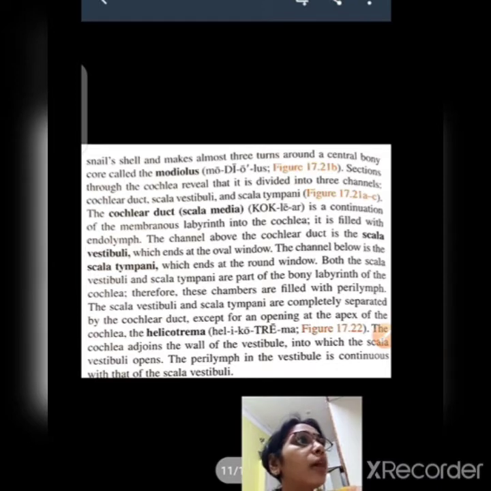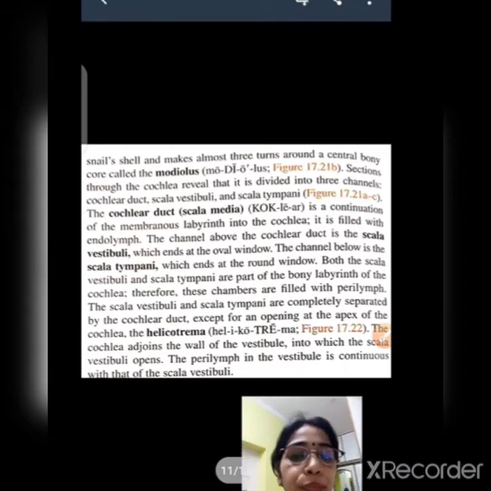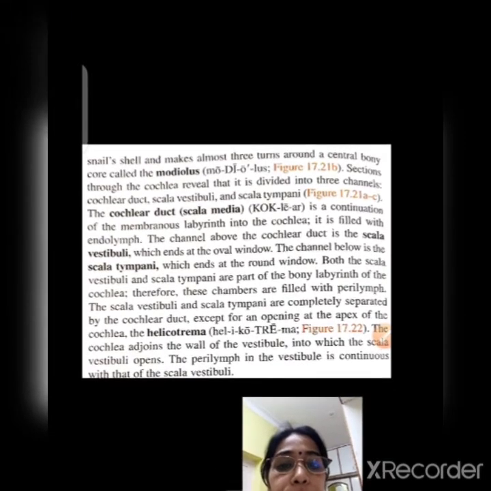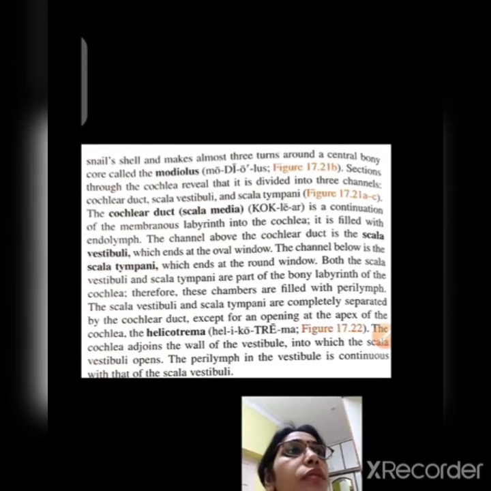The channel above the cochlear duct is the scala vestibuli, which ends at the oval window. The channel below is the scala tympani, which ends at the round window. Both the scala vestibuli and scala tympani are part of the bony labyrinth of the cochlea.